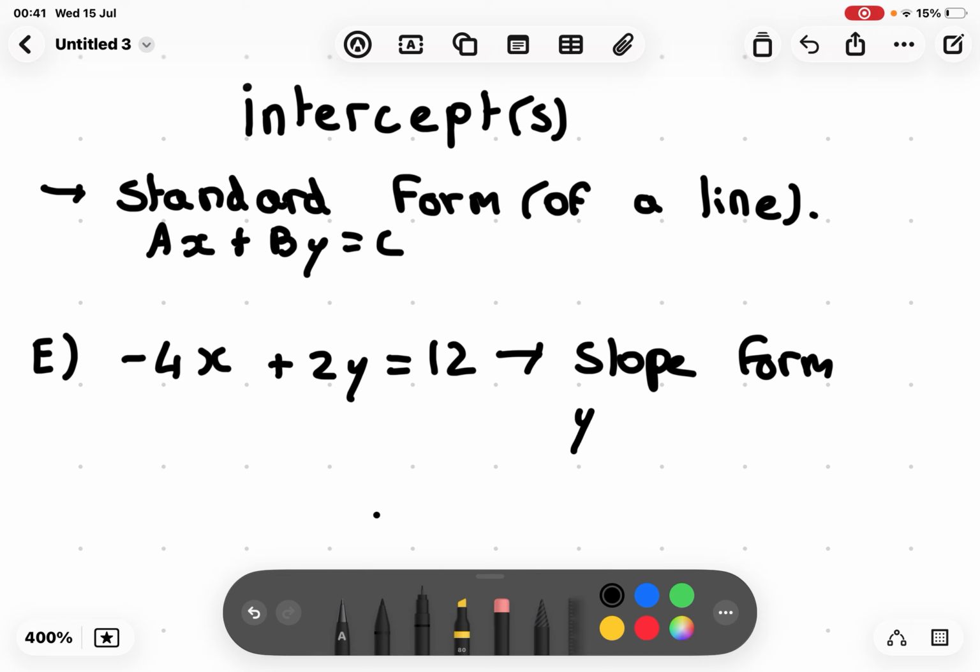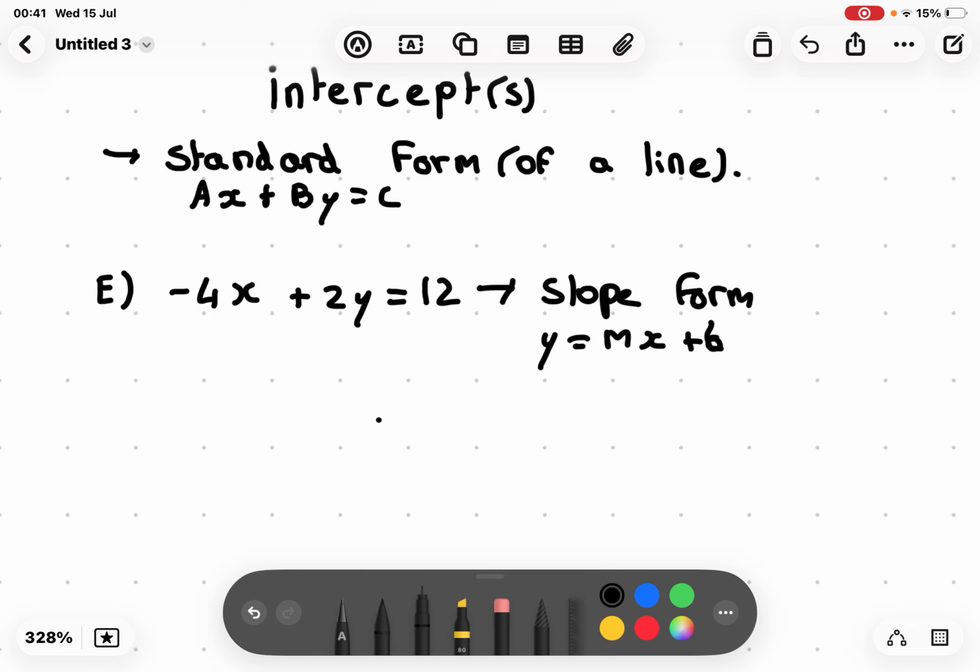And slope form is this thing. And you might already see that to do that you can just do 2y equals 4x plus 12. Then divide the whole thing by 2.